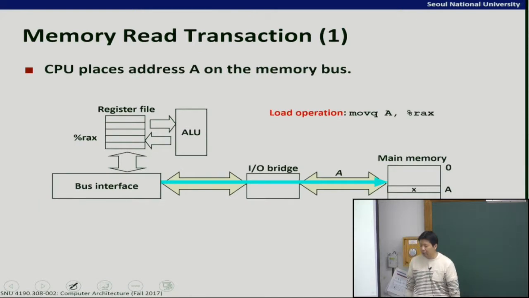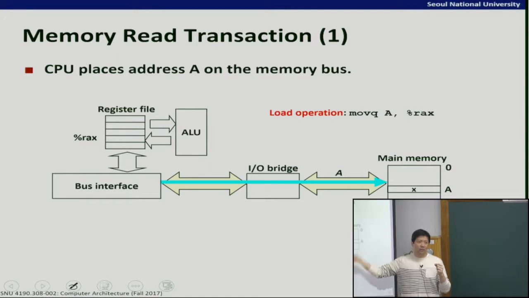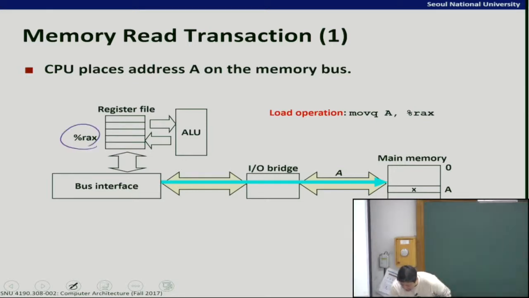So here is how this memory transaction actually works. Let's say your CPU tries to execute this move instruction, movq A, %rax, meaning that you access a specific memory location A and load the value from that location to register RAX. If that happens, the CPU first makes a request to access this specific memory address.